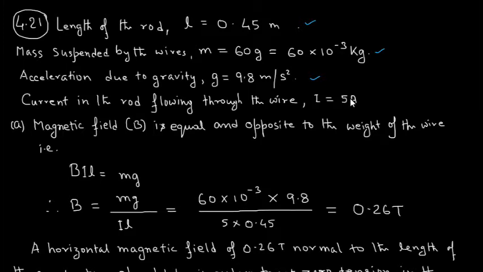Current in the rod flowing through the wire I is equal to 5 ampere. Magnetic force is opposite to the weight of the wire, that is BIL is equal to mg. Therefore, B is equal to mg upon IL. Putting the values of m, g, I and L, we get 0.26 T.